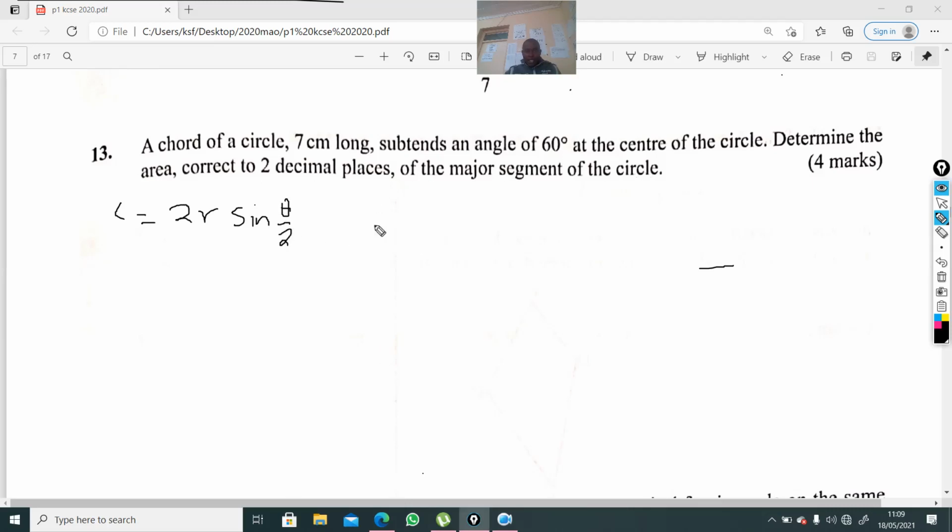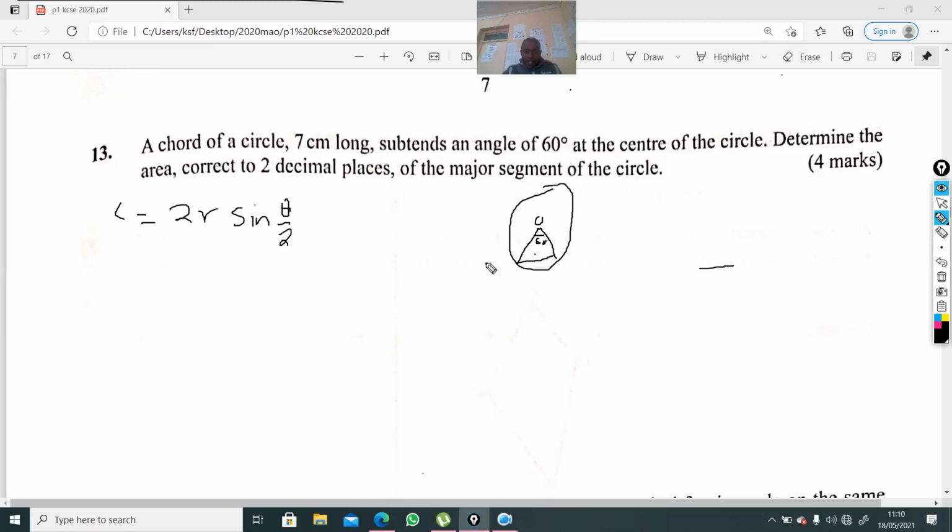Here I need the radius of the circle, center O, and I have a chord here. The angle here is 60, and then I have 7 centimeters here.